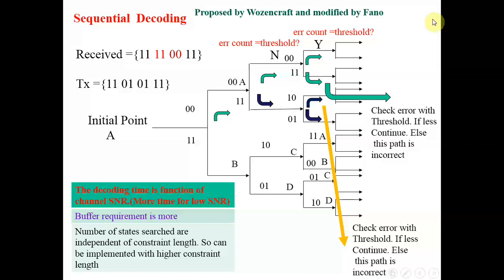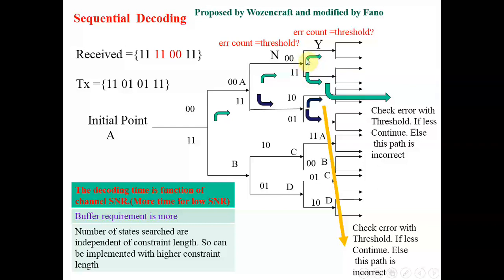So for example, let's hypothetically consider that you received something and followed this particular path, and you reach this node. Now you have two options: either I can go here or I can go here. Suppose I follow this path. My error count is updated, but my error value is still below the threshold, so I continue this path. Now you reach this point, and again you have two different paths.